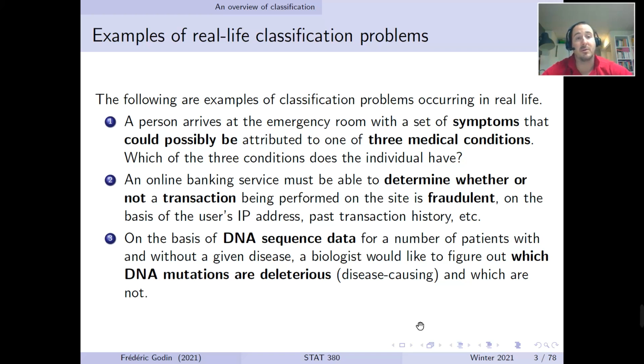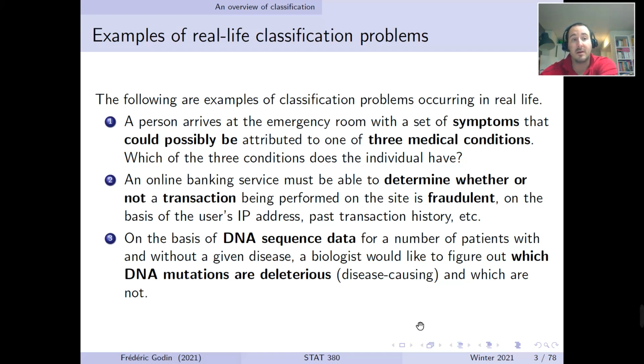For example, you have many mutations. So based on the features of the mutations, you'd like to determine, is it causing a disease or is it not causing a disease? Or alternatively, it could instead be features of the patient. So you look at the patient and you want to know, is that patient sick because of mutations or not?